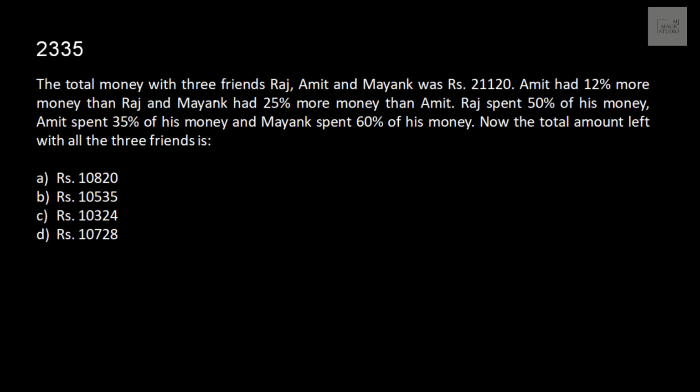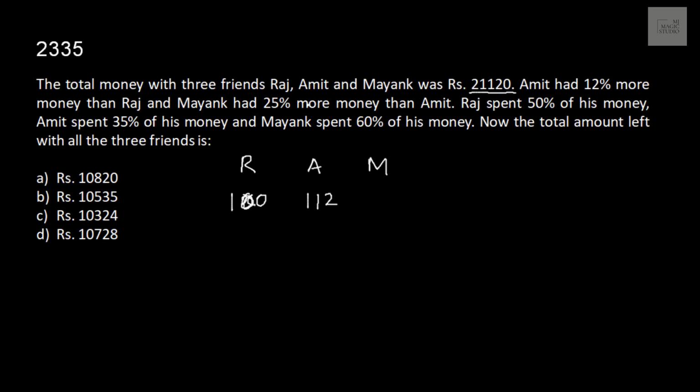The total money with 3 friends, Raj, Amit, Mayank, was 21120. Amit had 12% more money than Raj. So if Raj has X, Amit has 12% more, or let me take it as 100. If Raj has 100, Amit has 112.